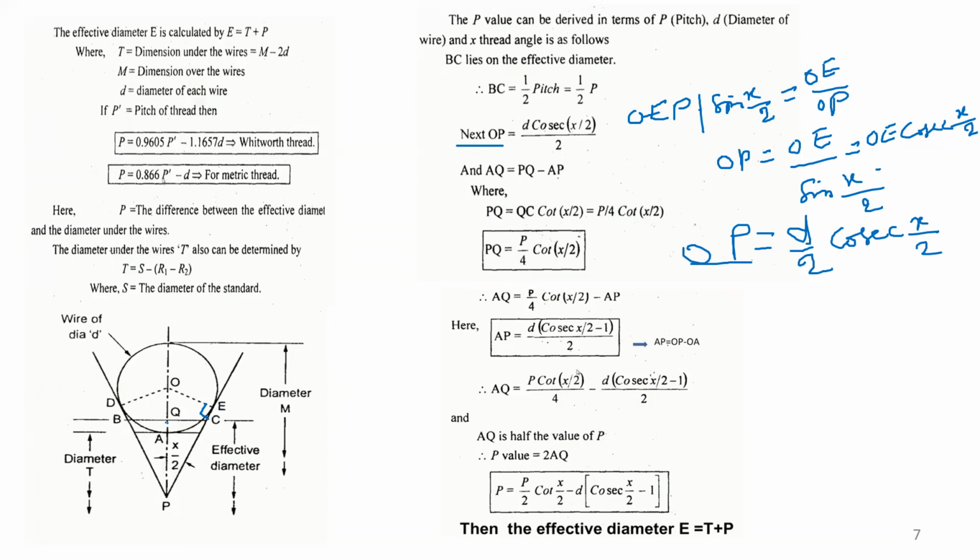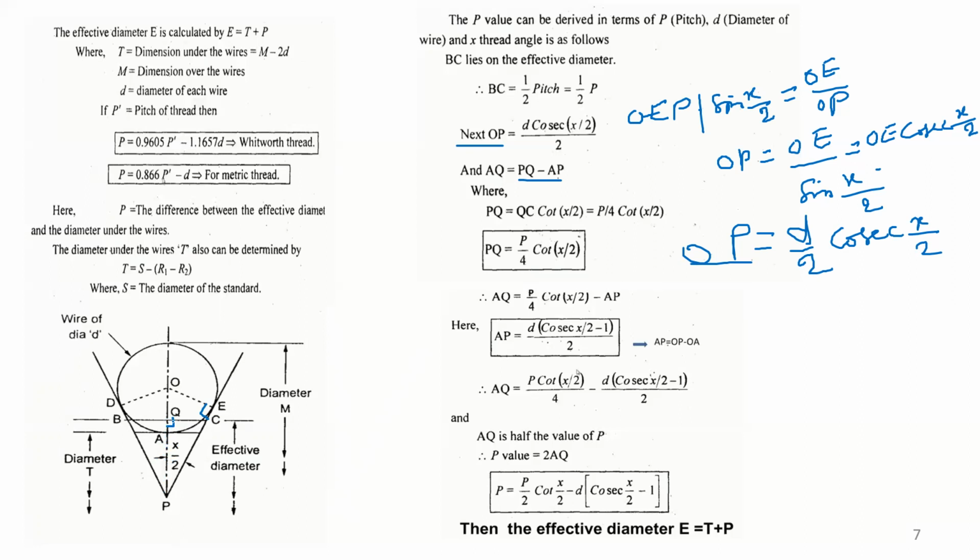So here we need to find out AQ value. So AQ is nothing but PQ minus AP, right? So this total length is PQ, and by subtracting AP value, we can get AQ value. And we can find out this PQ. So here it is 90 degree, and this is the angle x by 2. And we need to find out PQ, right?